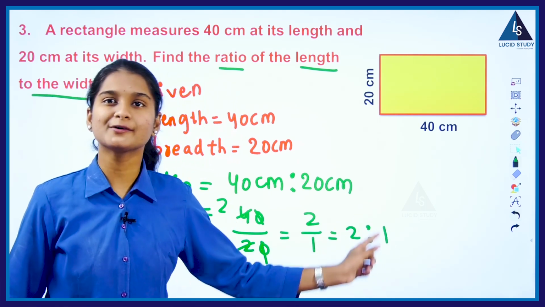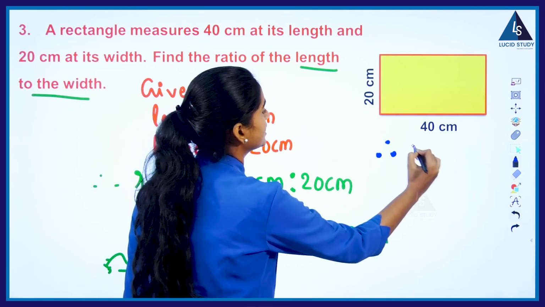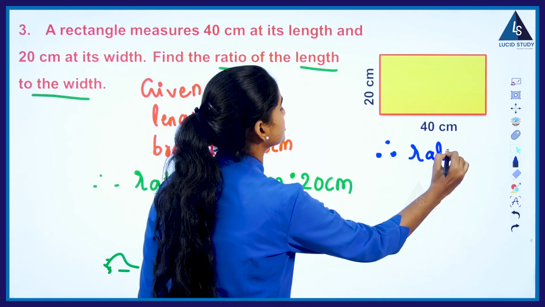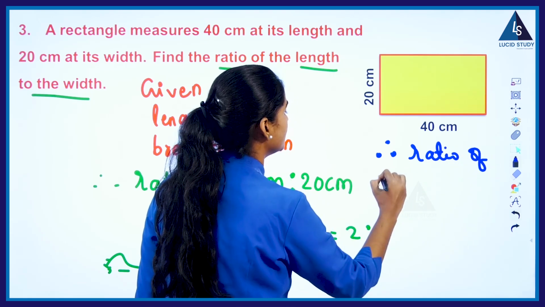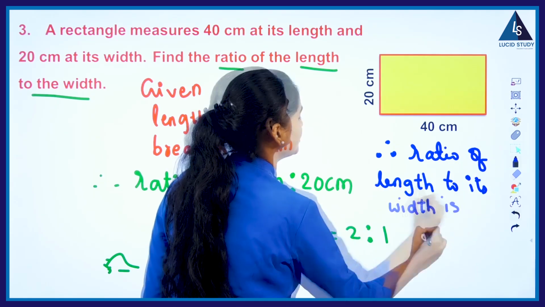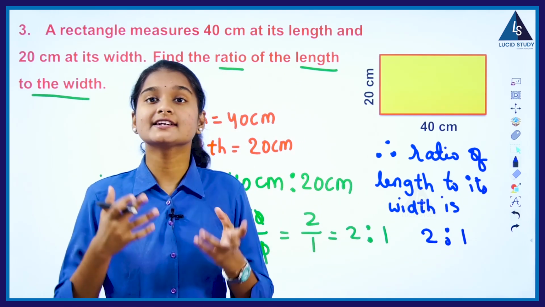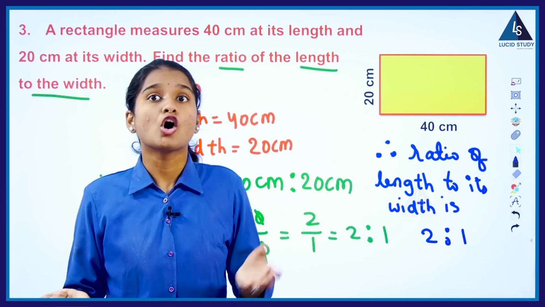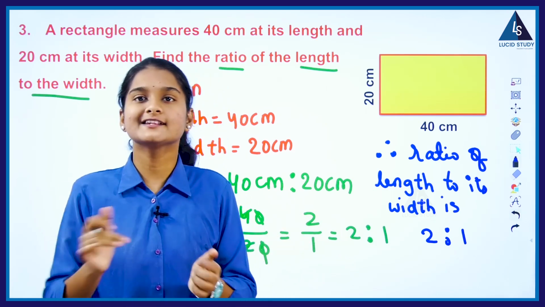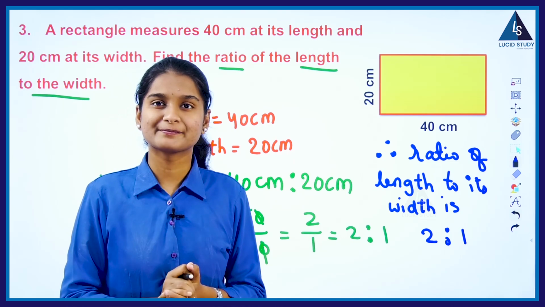Therefore, the ratio of length to its width is 2 is to 1. We say that length is twice the breadth, or breadth is half the length. And the ratio is 2:1.